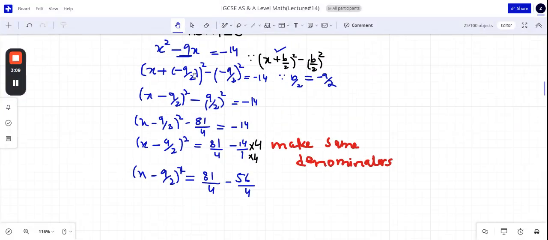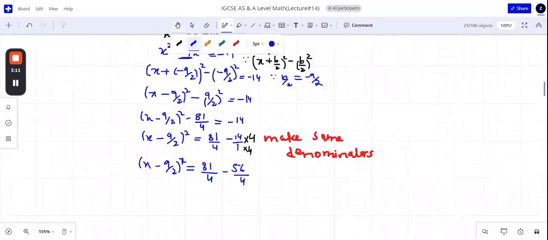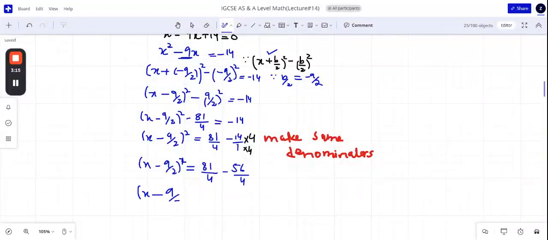Now after getting the same denominator, we need to take the LCM. LCM method is first find the lowest common denominator. So the lowest common denominator between these values 4 and 1 is 4. Lowest common denominator is 4.